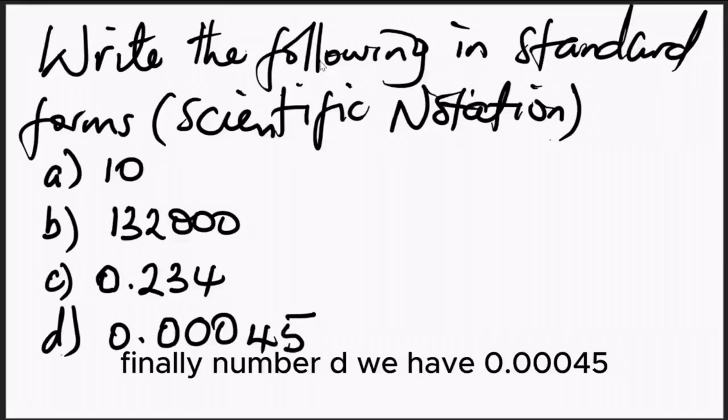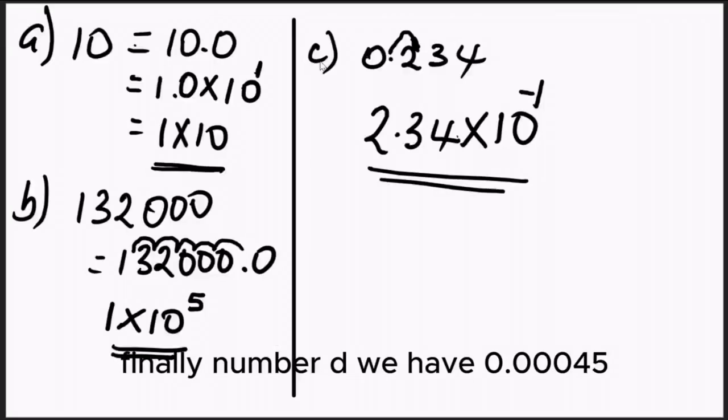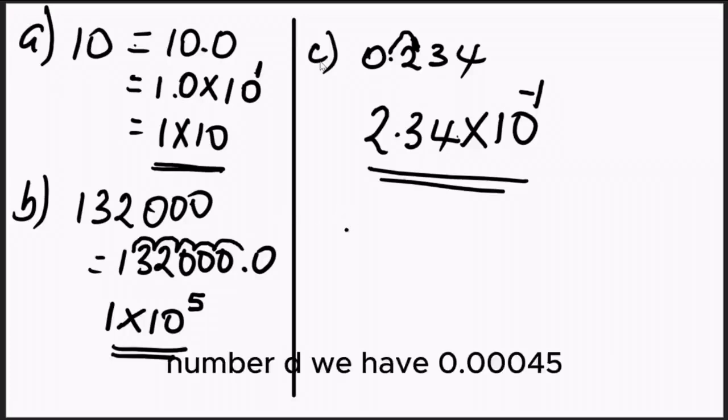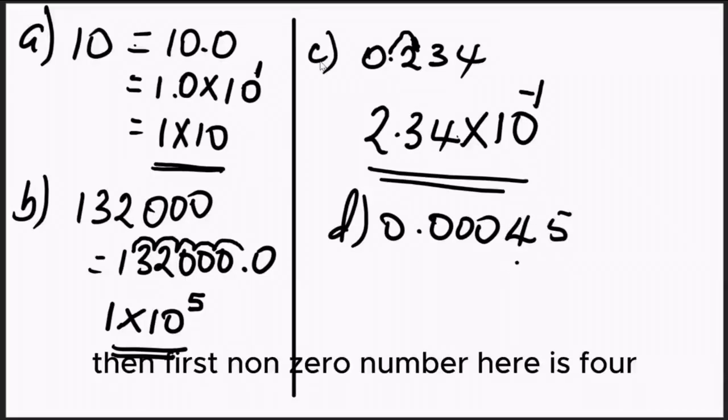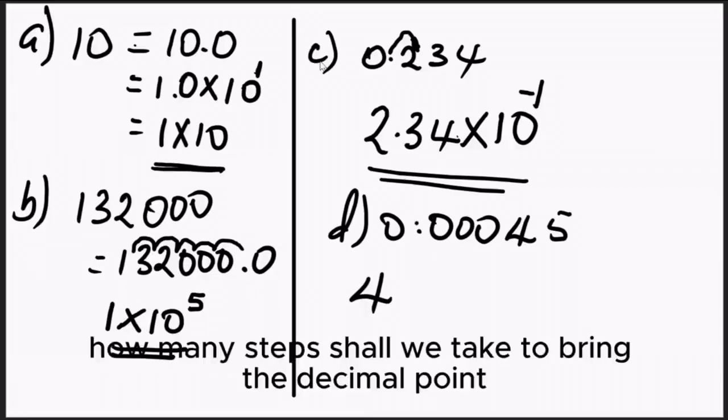Finally, number D, we have 0.00045. The first non-zero number here is 4. How many steps shall we take to bring the decimal point there?